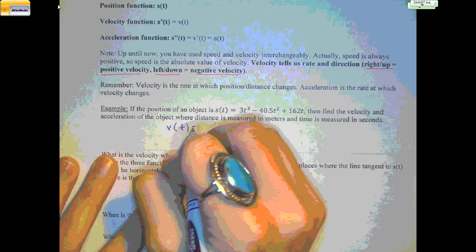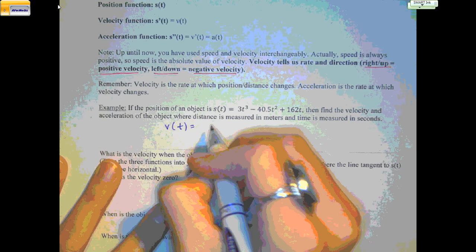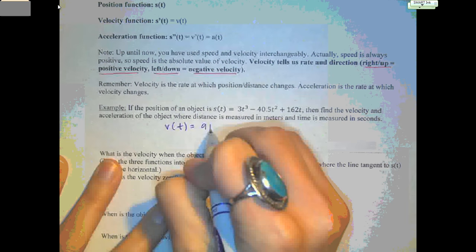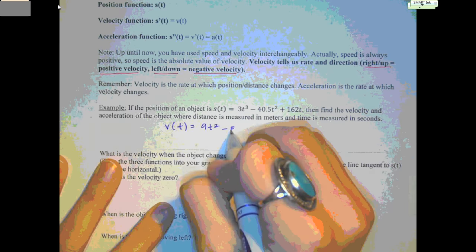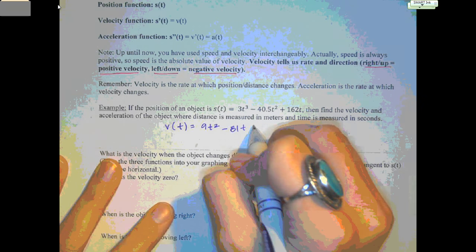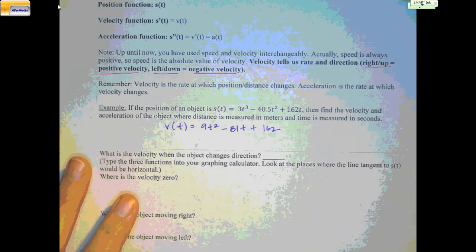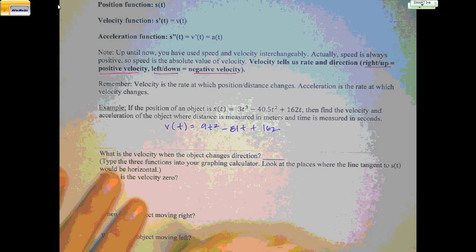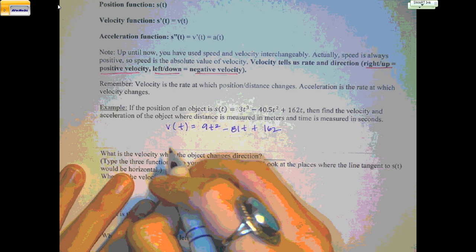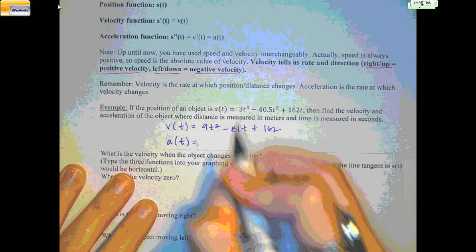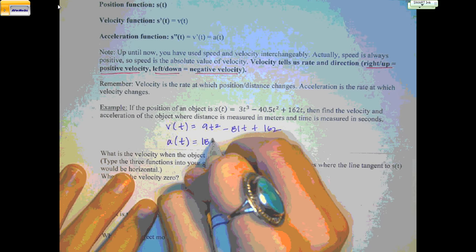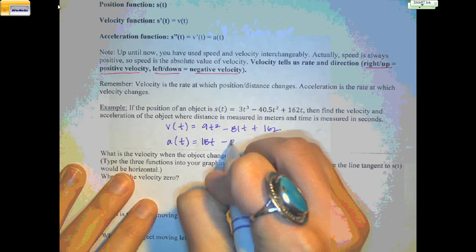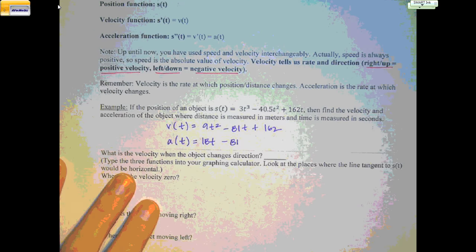So let's take the derivative of the equation, and we're going to get 9t squared minus 81t plus 162. Questions? That's it for velocity. Very simple. Acceleration, let's find the derivative of velocity. So 18t minus 81. So far, so good?